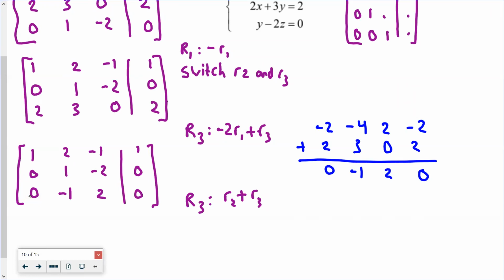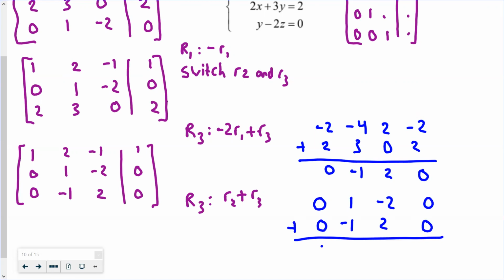I don't need to really worry about the zeros, but we can write them anyway. So 0, 1, -2, 0, and 0, -1, 2, 0. We're going to add those together. 1 minus 1 is 0, -2 plus 2 is, and uh-oh, 0 equals 0.